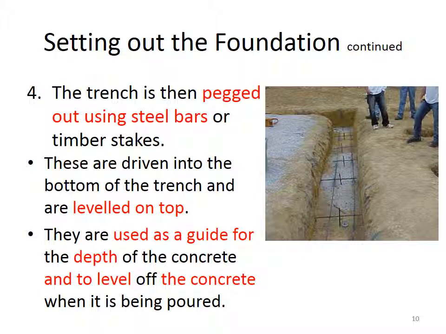Standard depth is going to be about 300 mil for a standard concrete foundation. So these are driven into the bottom of the trench and are leveled on top. They are used as a guide for the depth of the concrete and also to level off the concrete when it's being poured.